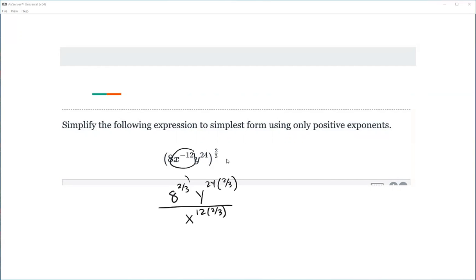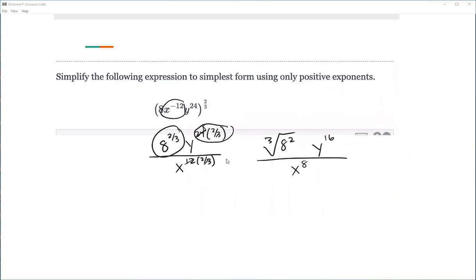So when I do 8 to the 2/3 power, that is the cube root of 8 squared, right? I could just multiply these out here. That would be y, I could cancel this out. So that'll be 8, so that'll be 16. All over, I can multiply these out, so it'll be 4. So it'll be x to the 8th power.